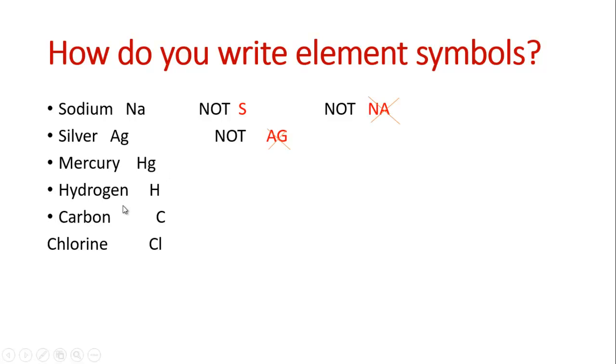Hydrogen, its symbol is H. So how can you write it? Excellent. This element consists of only one letter, so this letter should be a capital letter. So hydrogen has a symbol capital H. What about carbon? Carbon, capital C.